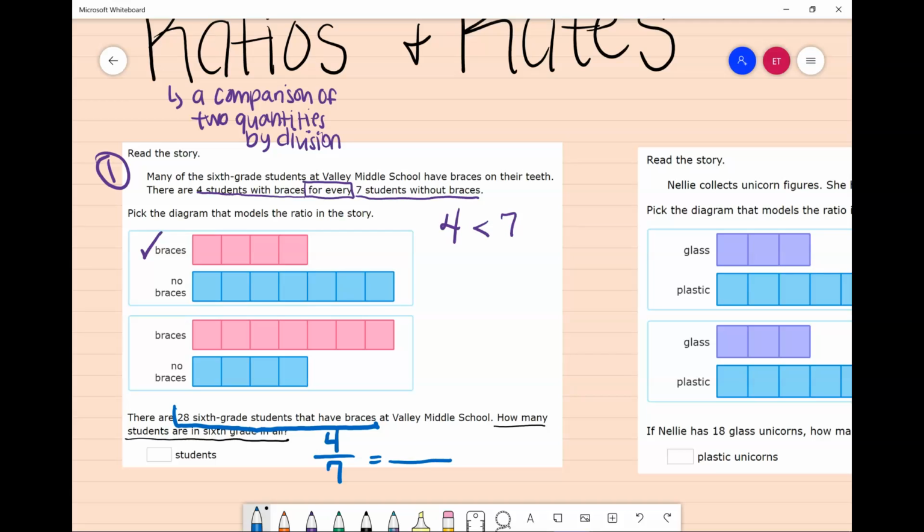And again, remember, the 4 represents the students with braces, and the 7 represents students without braces. Okay, so because 28 is the amount of students with braces, I'm going to put that as the numerator as well.